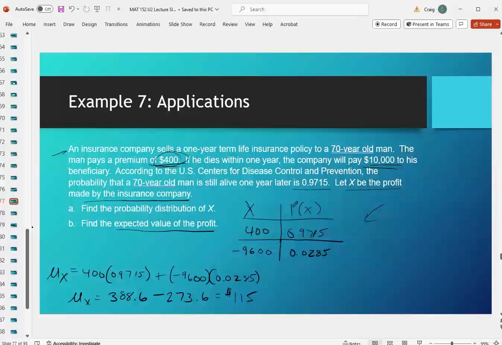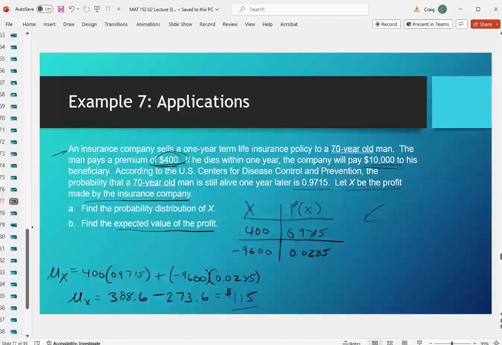The insurance company can expect to make $115 overall, right? So if this was one person, they can expect to make $115 after a year.